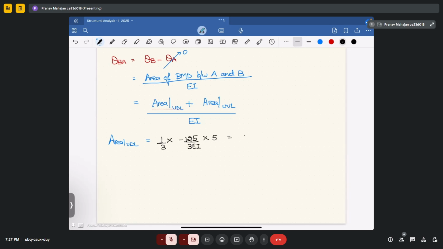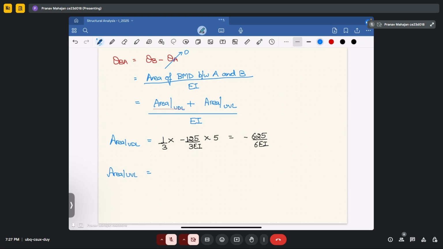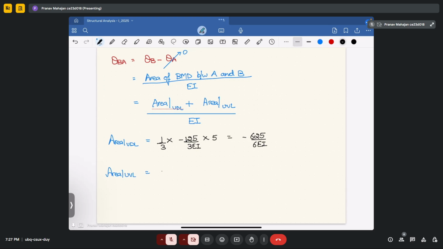It will come out as 625 upon 6 EI. And if I try to find the area of UVL, it will be equal to 1 by 4 into 125 divided by, in this case, it is 6 EI and total length is 5.